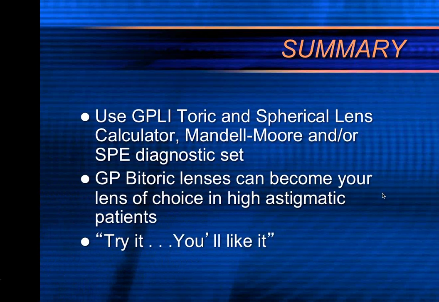So how you might change your toric fitting philosophy with it would change. And the challenge that we have today, if you don't have topography, you don't have a real good idea of how much toricity there is in the periphery. Does the toricity go all the way to the periphery? Is it limbal to limbal? Is it greater or less peripheral? I might have somebody that has even 2.25, 2.5 diopters of apical toricity, but paracentral to peripheral, they have very little toricity or much less, and I may try a spherical lens on that patient initially.